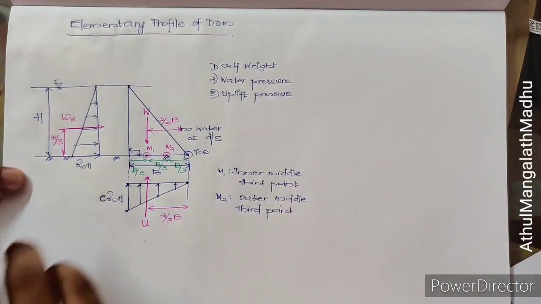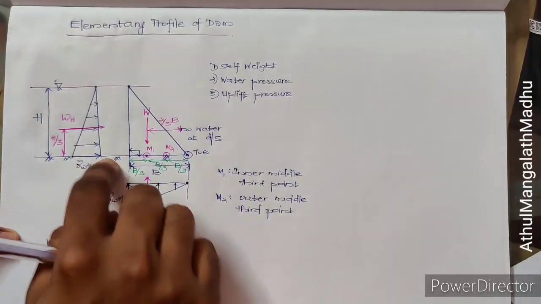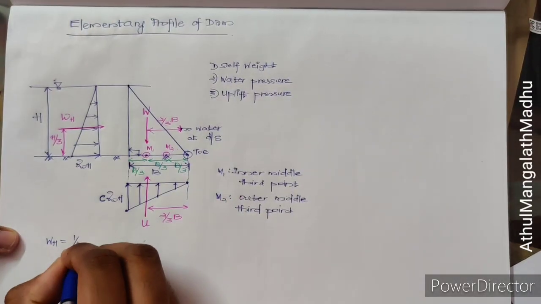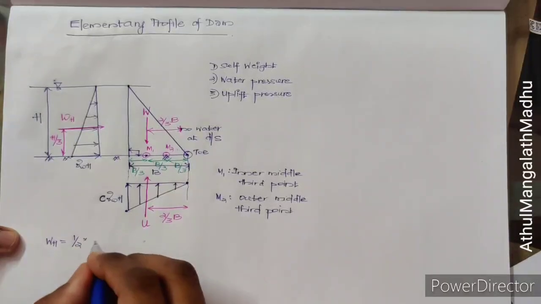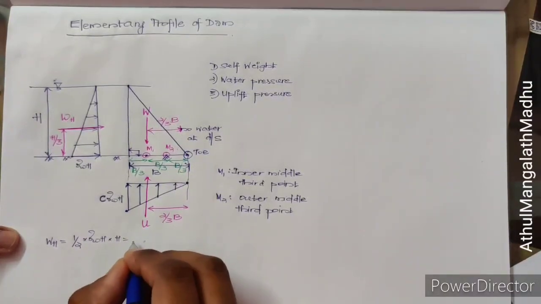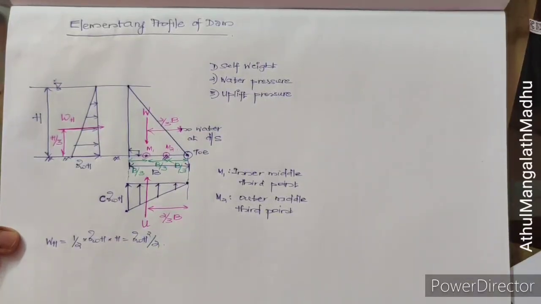So I'll be writing the value of WH, the horizontal water pressure. The horizontal water pressure is a triangle variation, so it will be half into base into height. Half into base is gamma W H, into height H, which is gamma W into H square by 2. That is the horizontal water pressure.